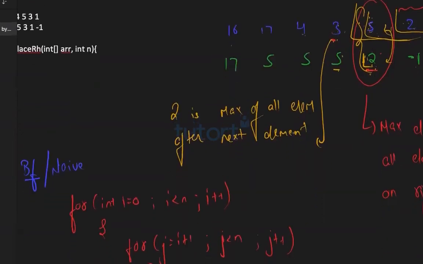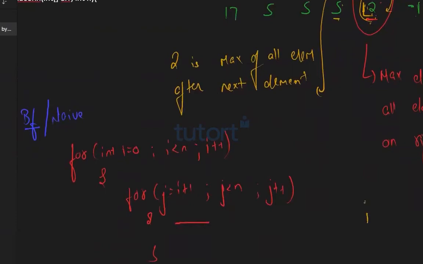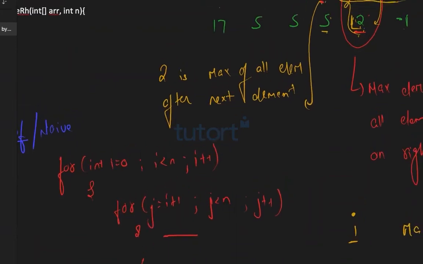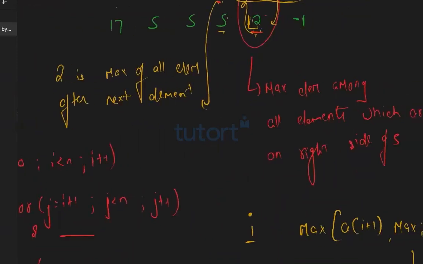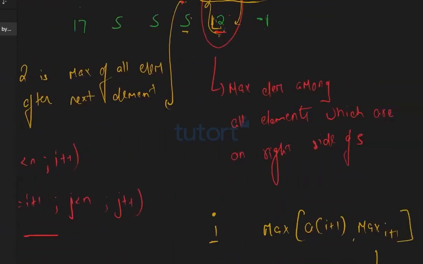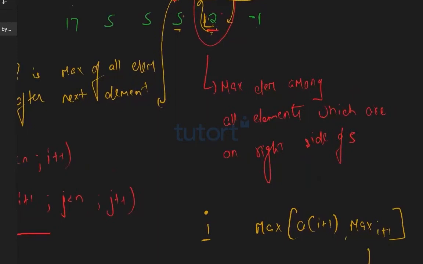If I have to generalize this, for I, the maximum element is the maximum of A of I plus 1 and the maximum till I plus 1. This maximum is nothing but the maximum among all the elements from I plus 2 till A of n minus 2.